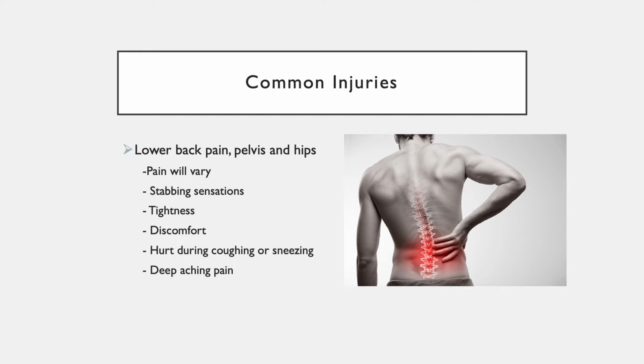Walking, standing, rolling over in bed may agitate this pain, and then the quadratus lumborum pain may also be chronic, which means it'll last longer, and then the pain often interferes with a person's quality of life and well-being, as well as affecting them physically.